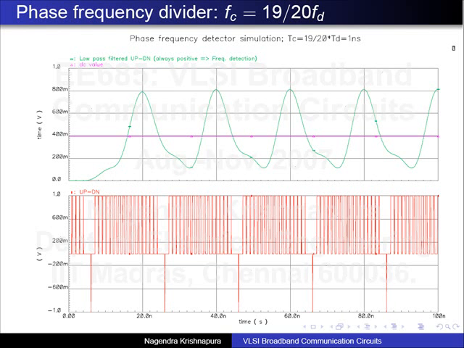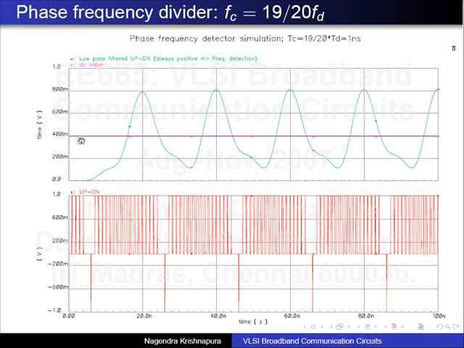In this particular case, the clock is faster than data, 19 by 20, and the clock period is 1 nanosecond. I have taken up minus down, which gives you something like this. You can see the pulse width is larger in these parts and smaller in these parts, and then it repeats. I have low pass filtered it simply to remove the high frequency components, so it gives me a periodic signal like this.